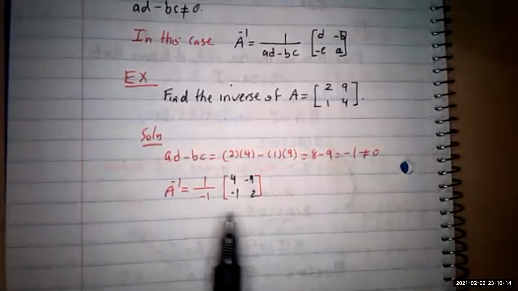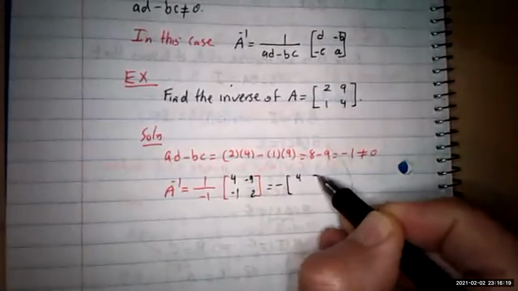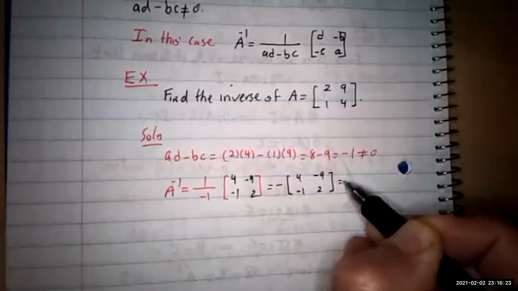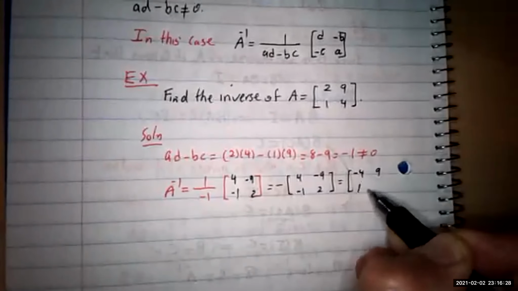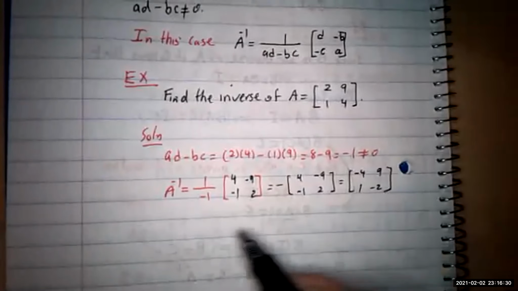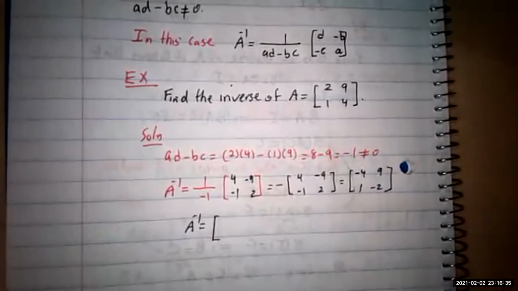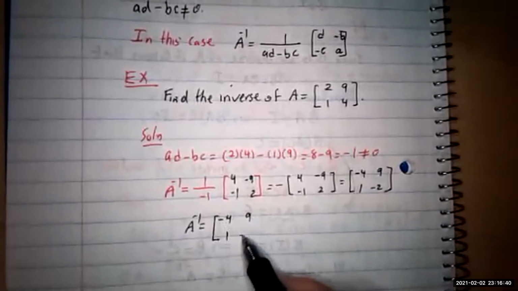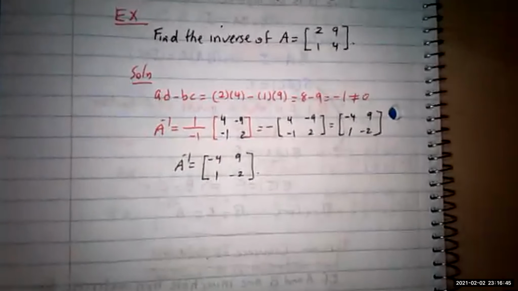Now apply the negative sign, so that gives you negative 4, positive 9, 1, and negative 2. So A inverse is going to be negative 4, 9, 1, negative 2. Okay, so this gives you the result.